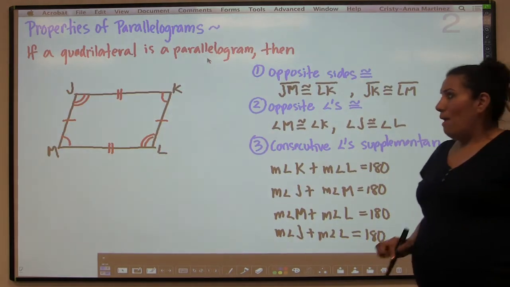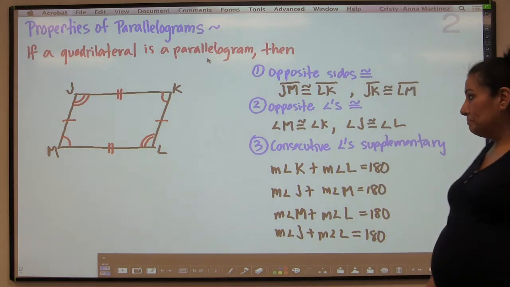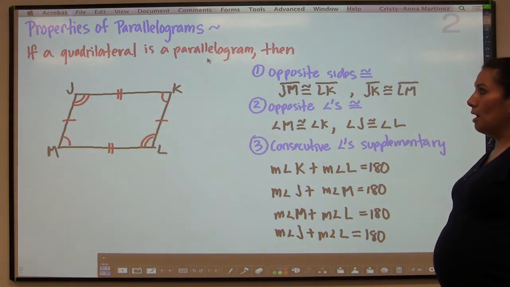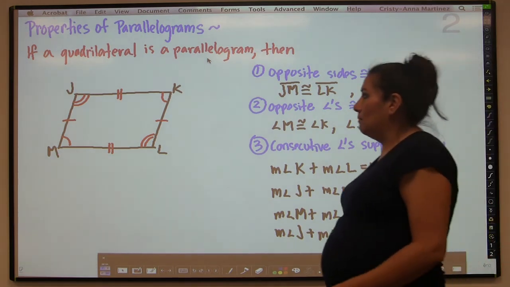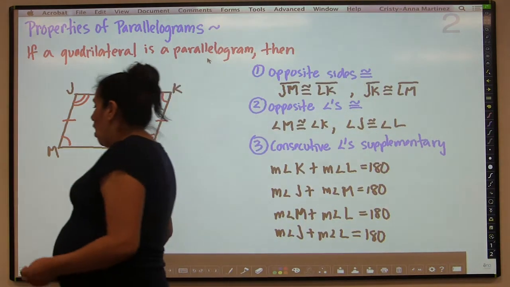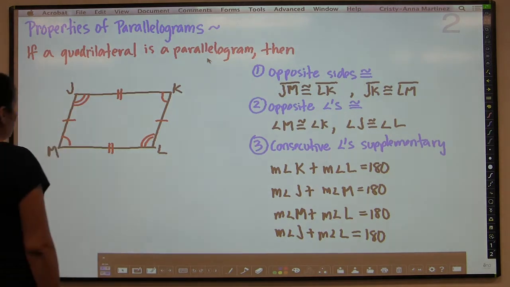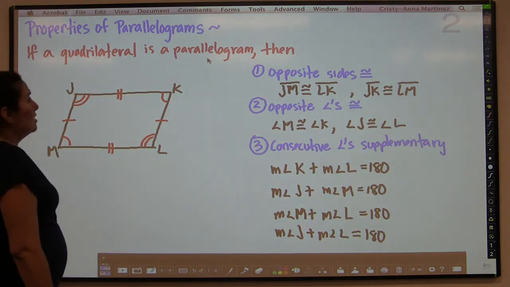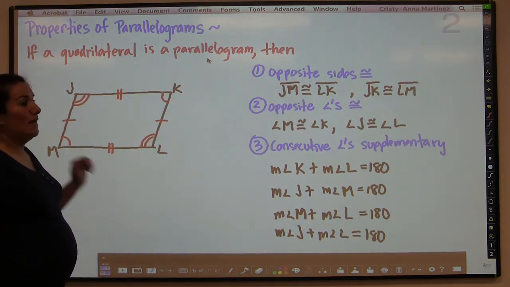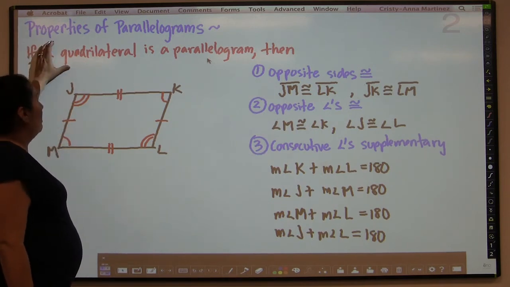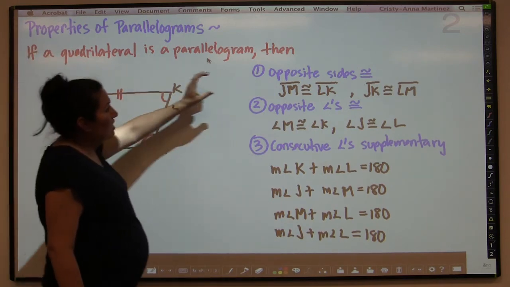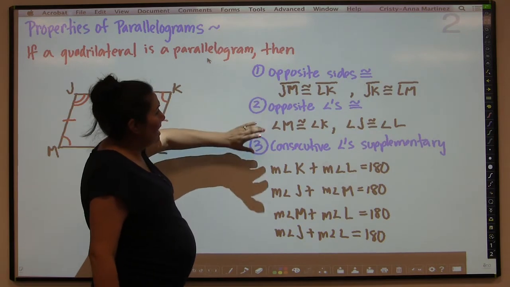And right off the bat, we have four properties, or four theorems, so to speak. All of these first three theorems start with the same hypothesis. So instead of writing it out three different times, I just wrote out the hypothesis once, and each of these is the conclusions that you have.